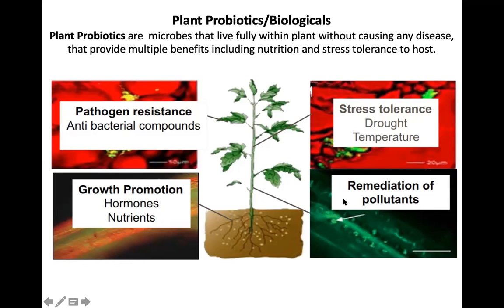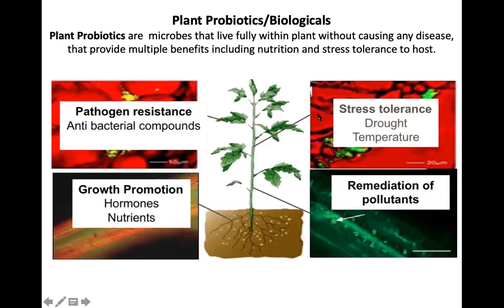In that case, probiotic bacteria help plants to tolerate or escape the toxicity of the heavy metals. Some of the probiotic microorganisms can take up the soluble arsenic and other heavy metals and make them complex organic compounds which are not reactive to the plant and not taken up by the plant.